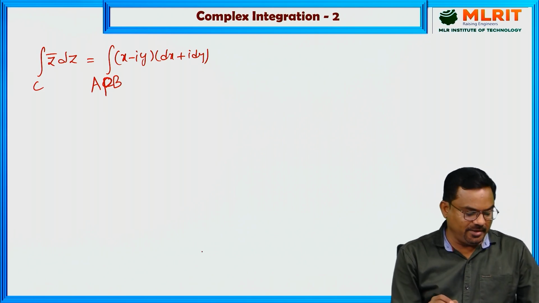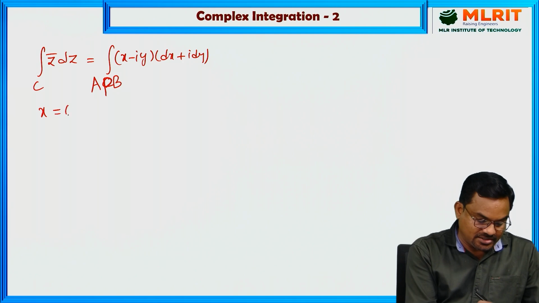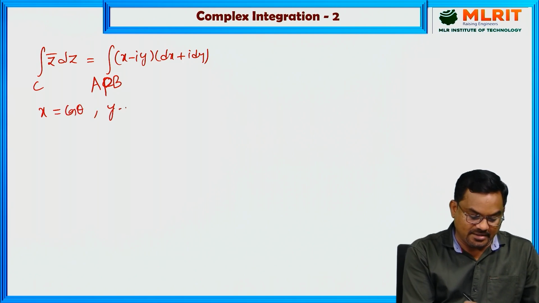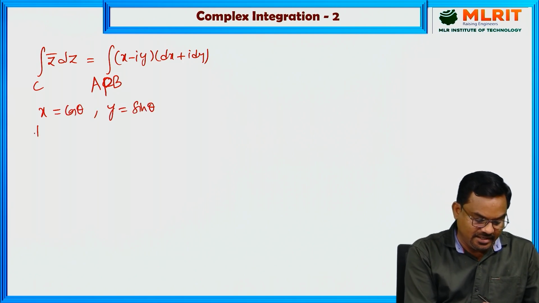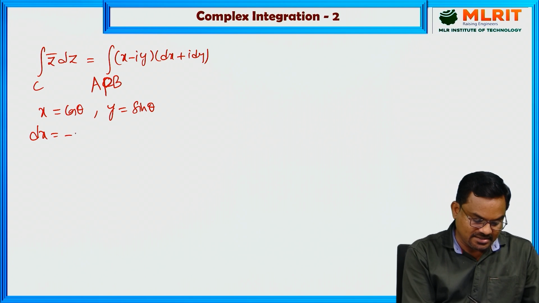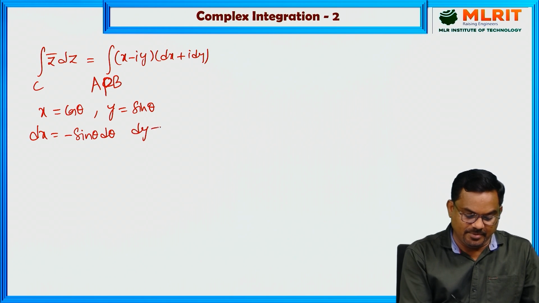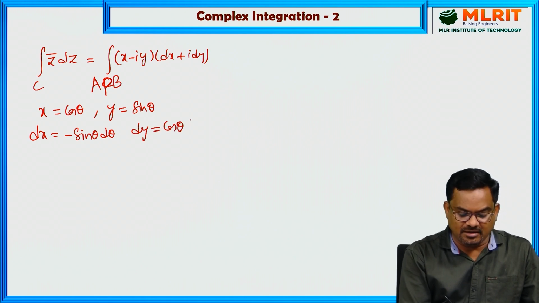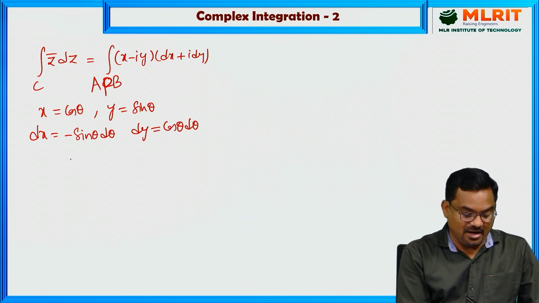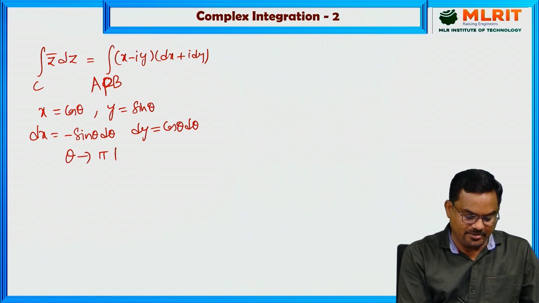Now, we need to replace x by cos theta, y by sin theta. Then dx will be minus, what is the derivative of cos theta? Minus sin theta d theta. dy will be derivative of sin theta, cos theta d theta. And theta changes from pi to 0.